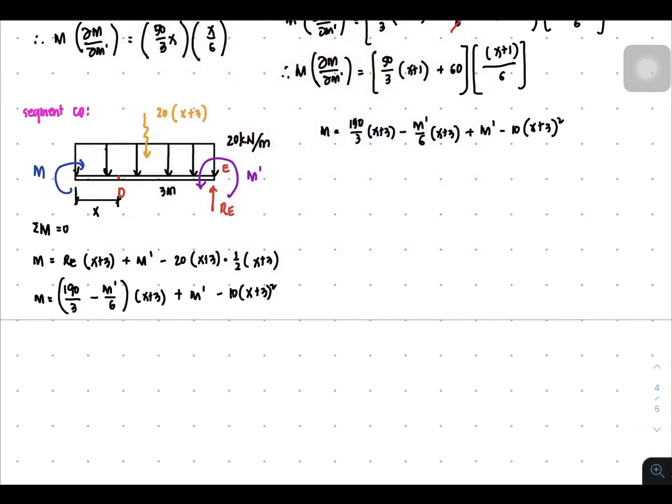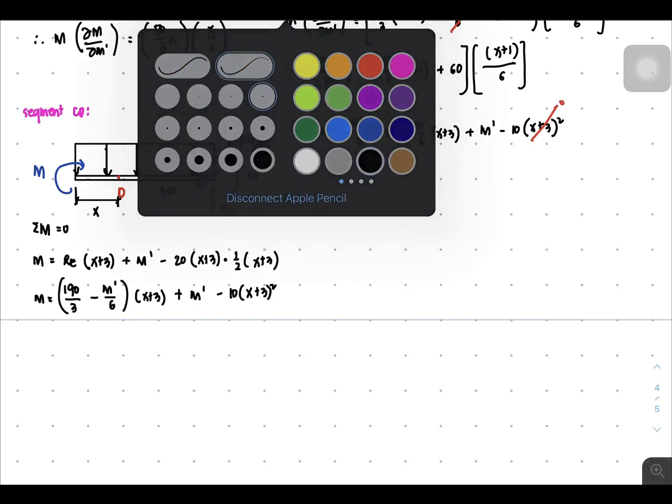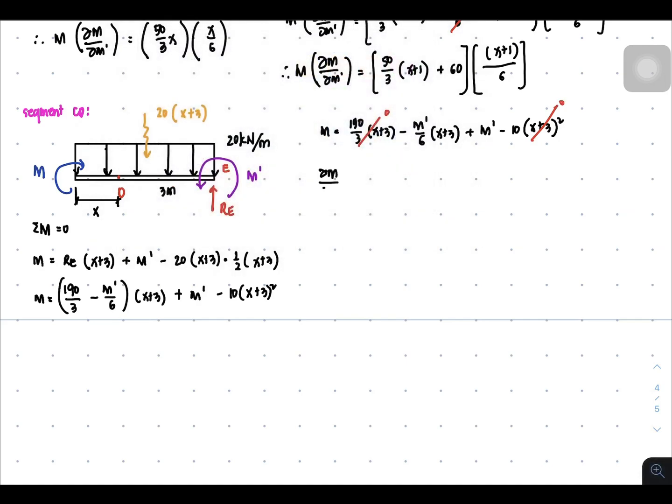So here we will be setting the values of M prime, all those without M prime, to 0 for the meantime, and get now the partial derivative of M with respect to M prime. So it's going to be negative x plus 3 over 6 and plus 1.